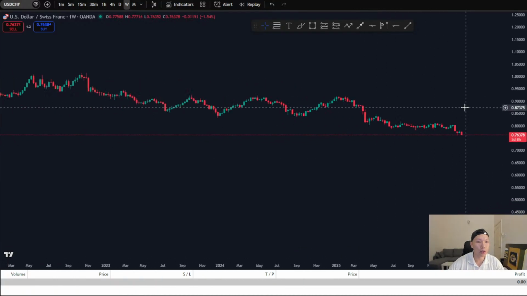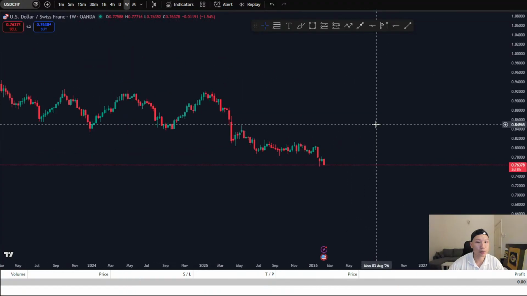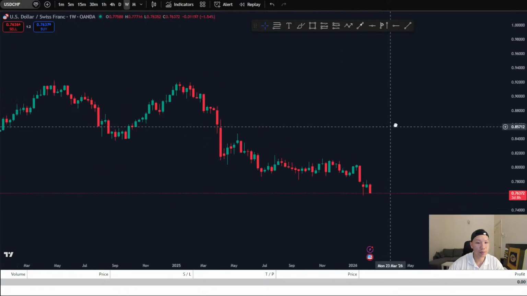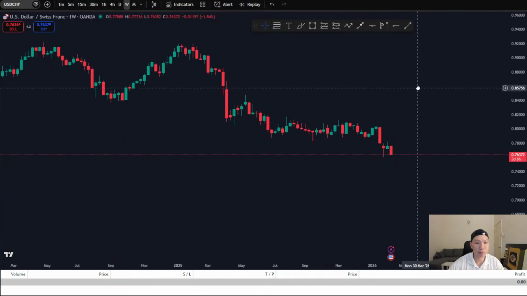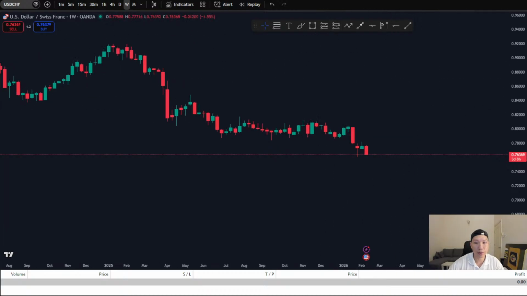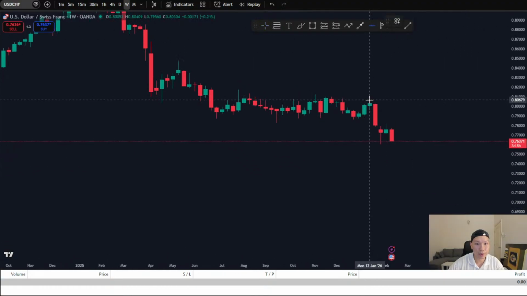Well, okay, let's take a look at the weekly. As you can see from the weekly chart, the price is actually being tested.